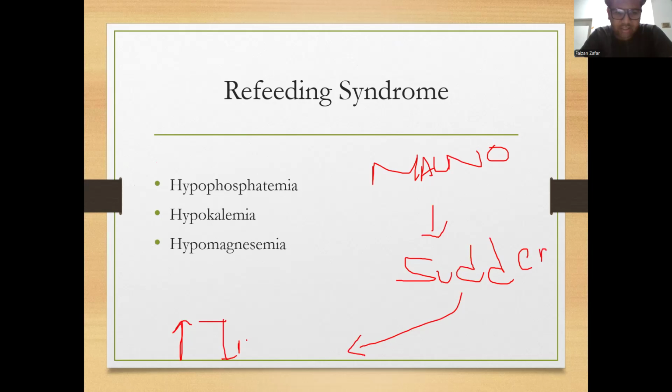This increased insulin leads to increased uptake of phosphate, potassium, and magnesium by the cells. So the plasma has less of these and they are deficient in the blood. It typically presents as an emergency due to cardiac problems from hypokalemia.